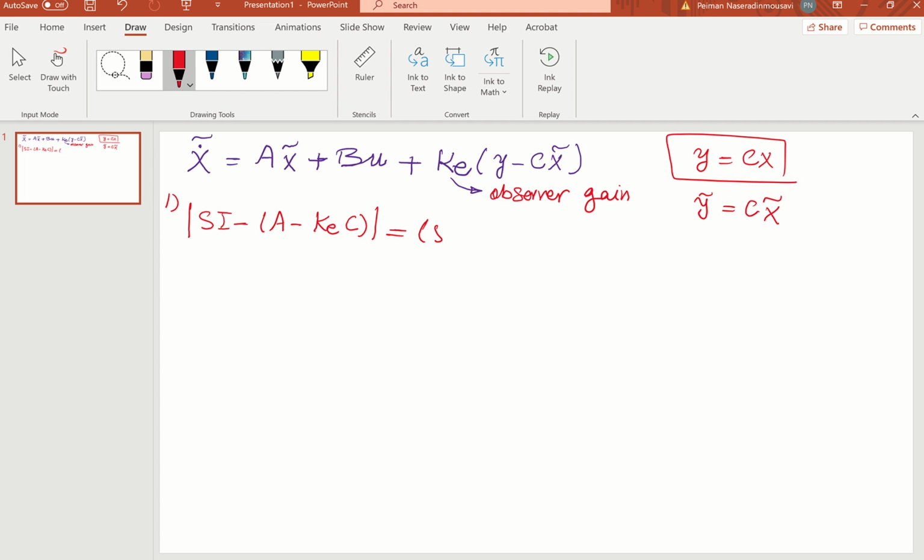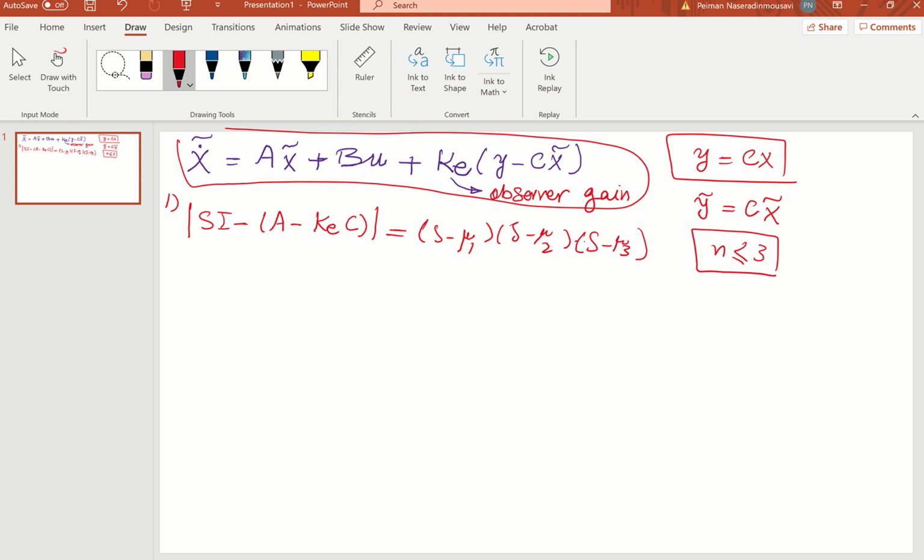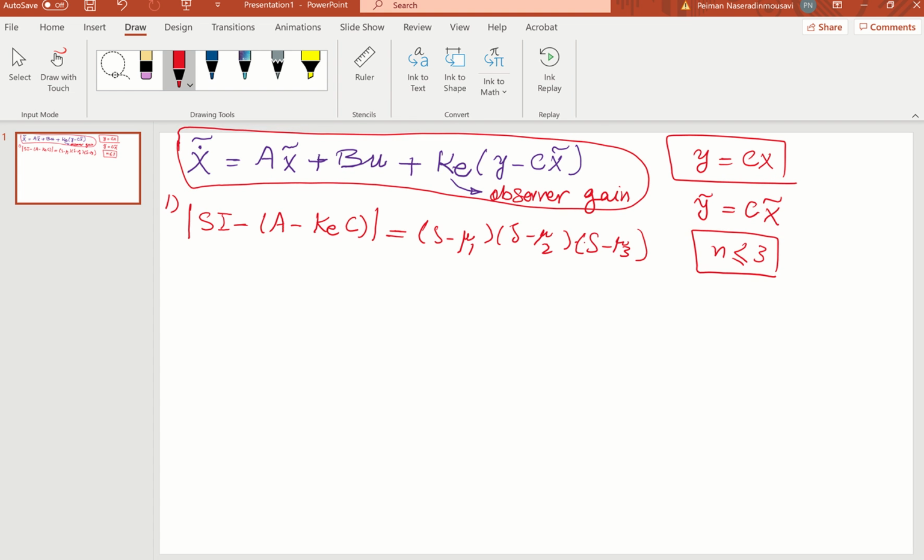This is equal to (s minus mu1)(s minus mu2)(s minus mu3) when the order of the system is smaller than or equal to 3. I solved the problem for you in the previous class, so this is the fundamental that I'm going to use in the Matlab coding, okay?